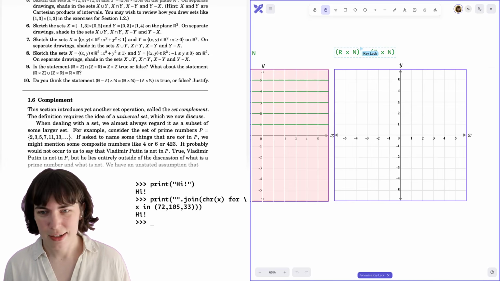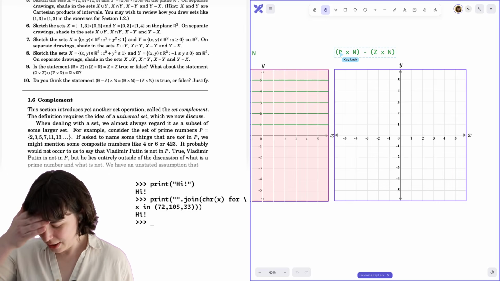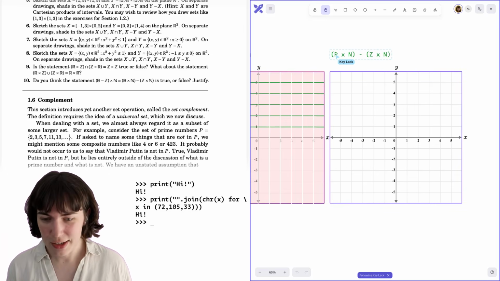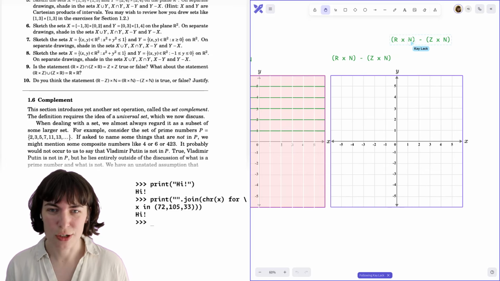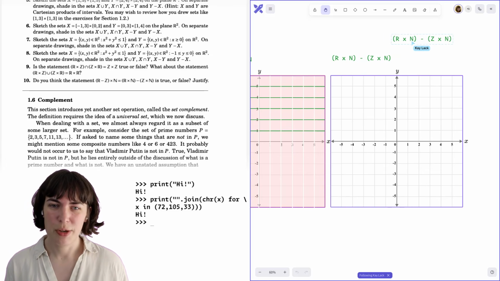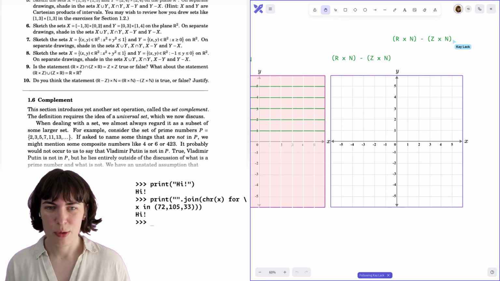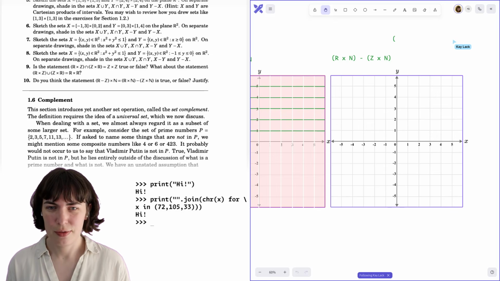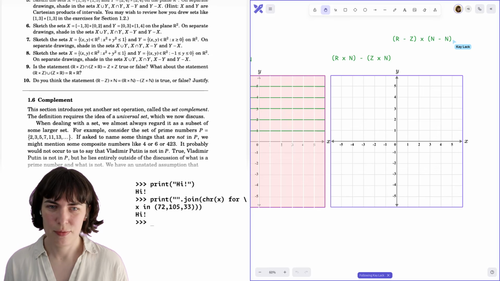Okay. Great. So on the x's, this is equivalent to, well, actually, here's a thing that I'm using in my intuition. If we want to think about the x's, we want to be thinking about R minus Z, and then N minus N on the y.